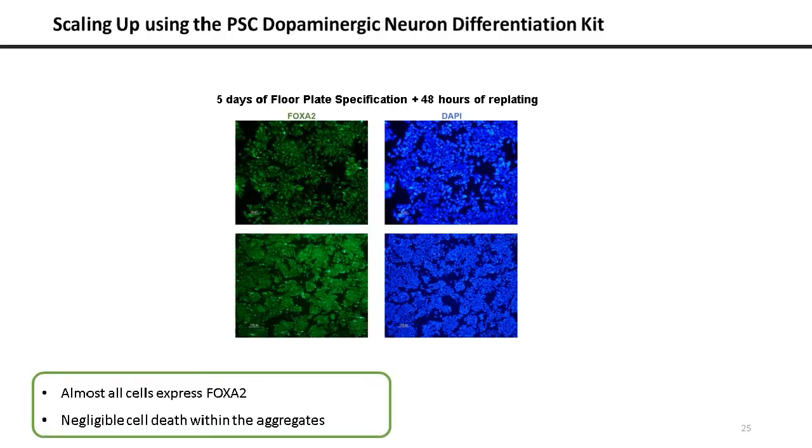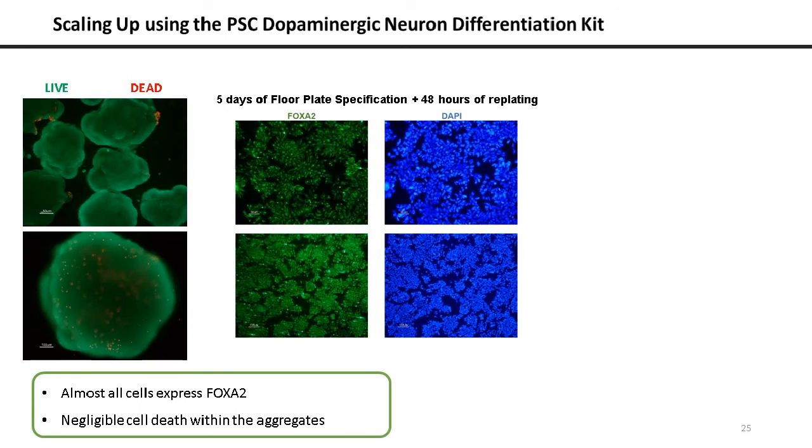So after the floor plate specification, we replated the cells and we stained them for the FOXA2 floor plate marker. And as you can see, almost all of the cells are expressing FOXA2.